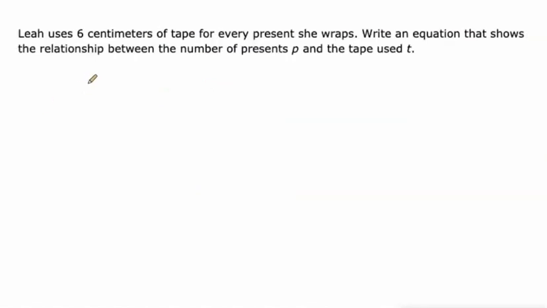Leah uses 6 centimeters of tape for every present she wraps. Write an equation that shows the relationship between the number of presents P and the tape used T. Okay, 6 centimeters of tape for every present she wraps. Well, that's going to be our slope, our constant rate of change. I've got this a little backwards, actually.